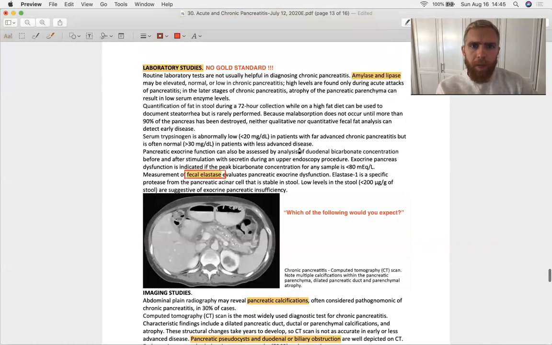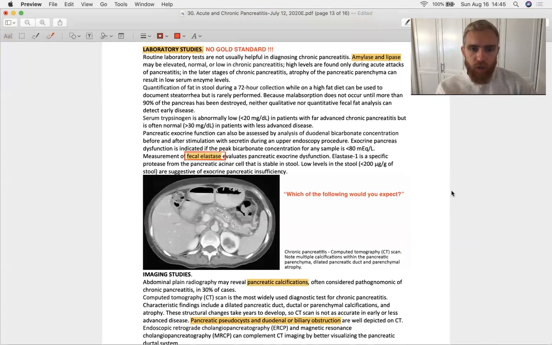How do we assess chronic pancreatitis in the blood? Well, again, there's no gold standard for this. Amylase and lipase are going to be elevated, but those are non-specific enzymes. Fecal elastase is a good test that's going to help you assess the exocrine function of the pancreas.